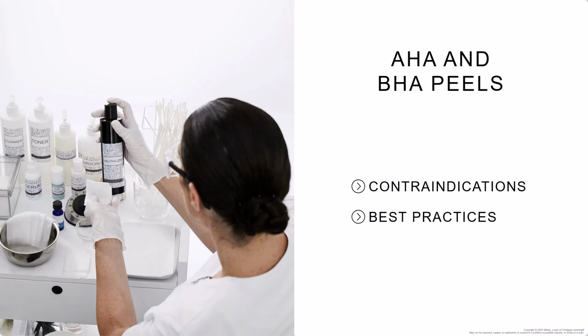You can do a diagnostic facial or a more in-depth skin analysis before you schedule the peel treatment. So note the condition of the skin on the client's intake form, and then you would choose the type of exfoliant based off of the condition of that client's skin and the desired results.